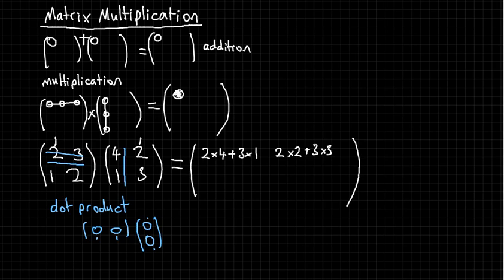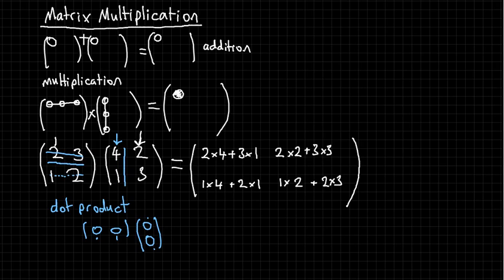Now we're going to take the second row over here and dive it down into the first column. So how does that go? 1 times 4 plus 2 times 1, and let's put it into this second column. 1 times 2 plus 2 times 3.